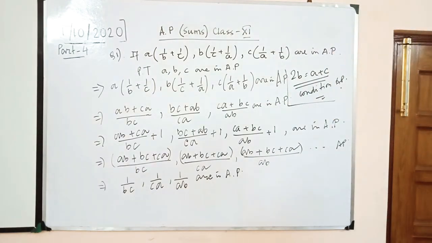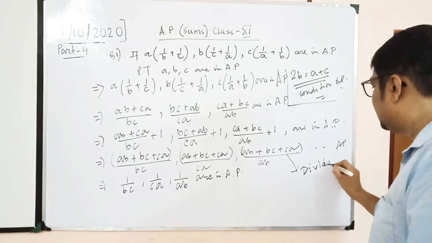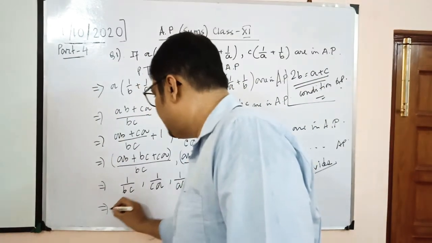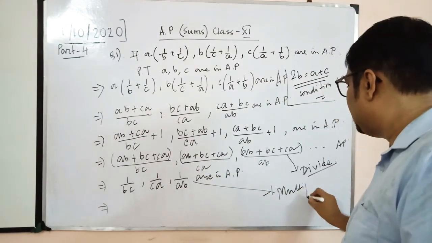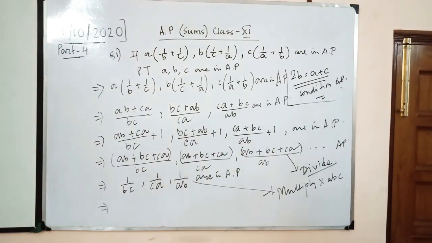So in this step what we do is divide. Now the last step, we multiply all these terms with ABC.